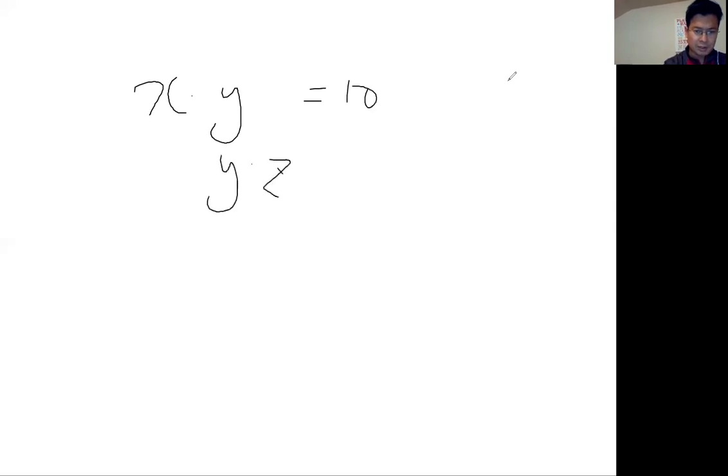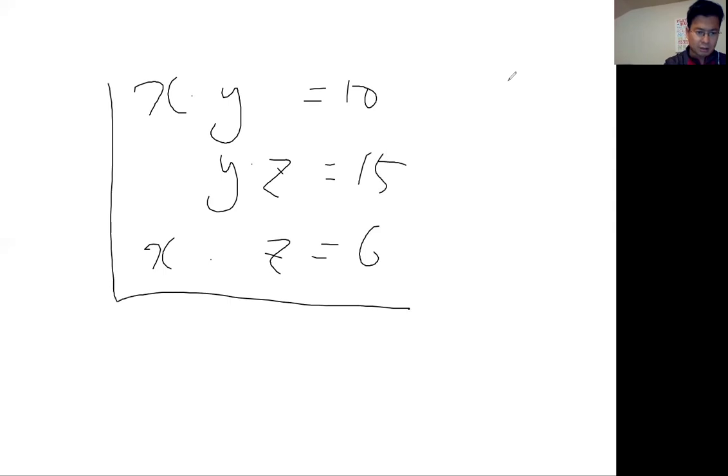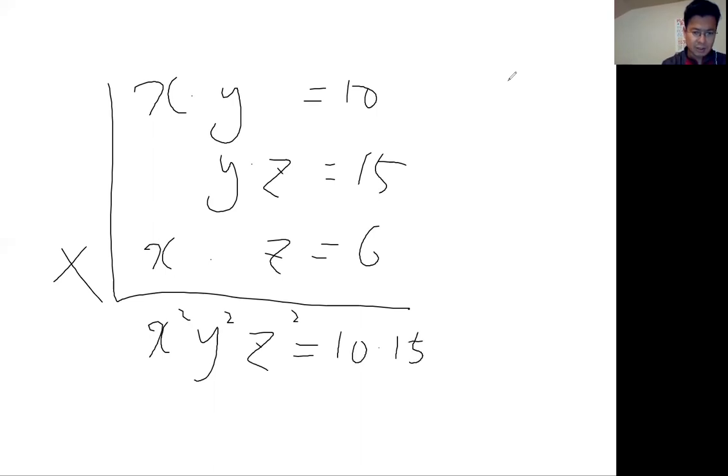So XY is 10, YZ is 15, and XZ equals 6. So you multiply all three of these equations. Then this is X squared, Y squared, Z squared, that is 10 times 15 times 6.